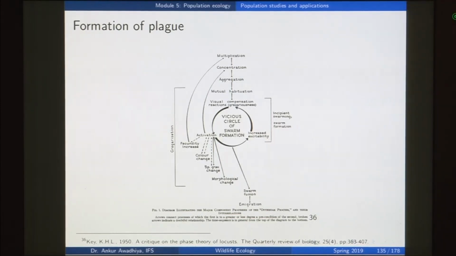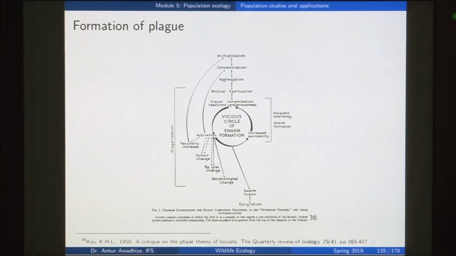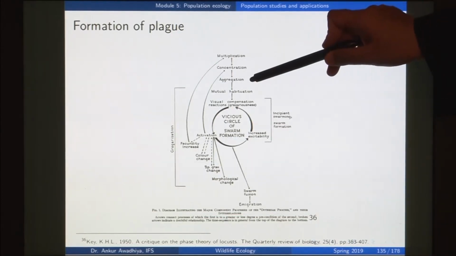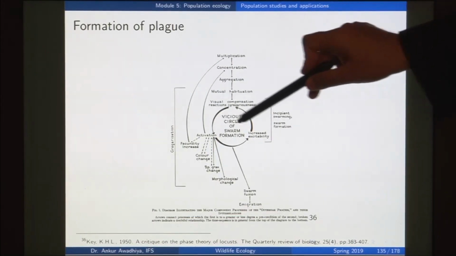Whenever there is an increase in the numbers, the concentration of these organisms increases in the area. Now, when you have a higher concentration, most of the larvae tend to go towards the gregarious style, and once that happens, you have more aggregation, there is a mutual habituation and a visual compensation.